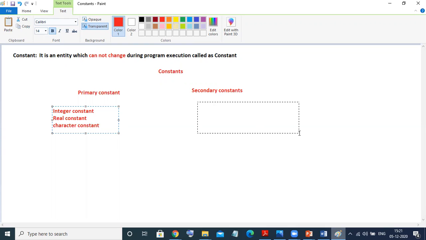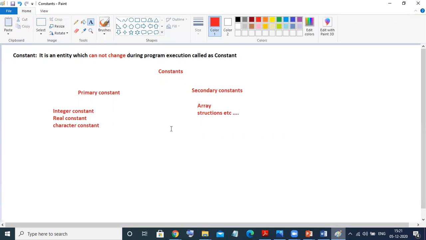Secondary constant means a little bit advanced, like array constants, structures, etc. We'll focus on all these parts in later sections. So here we will focus on integer constants, real constants, and character constants.